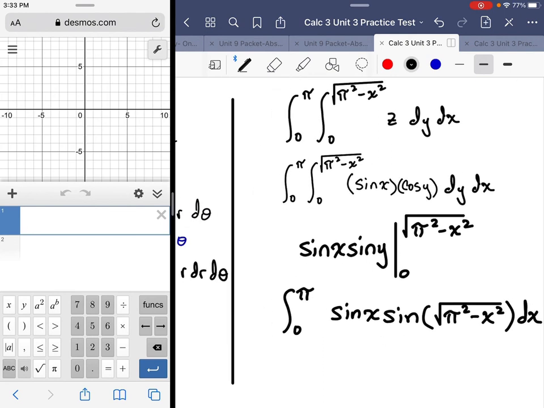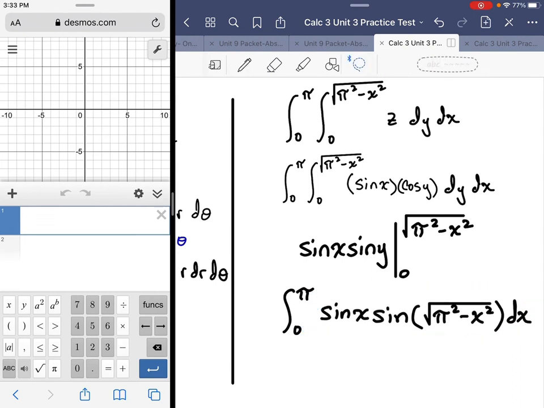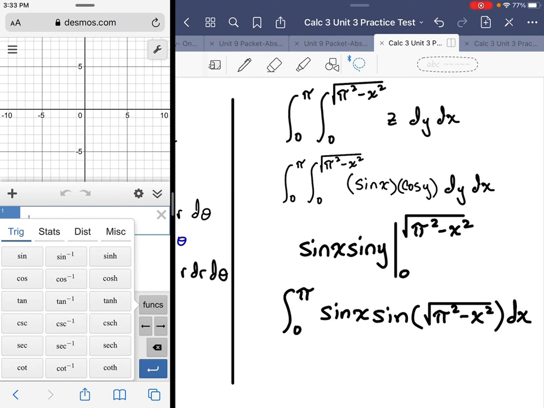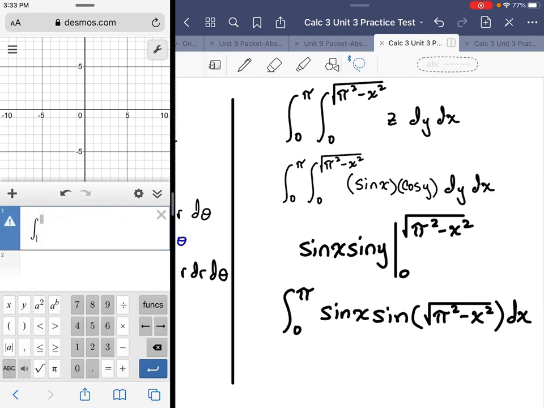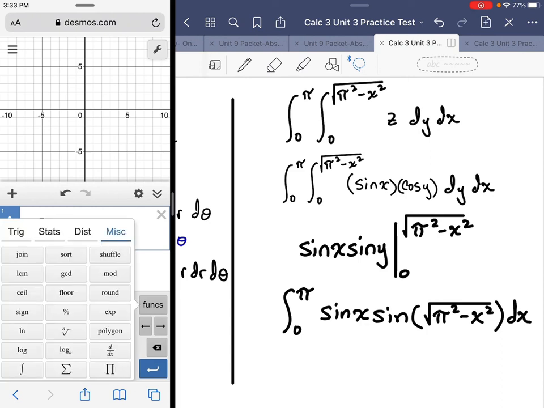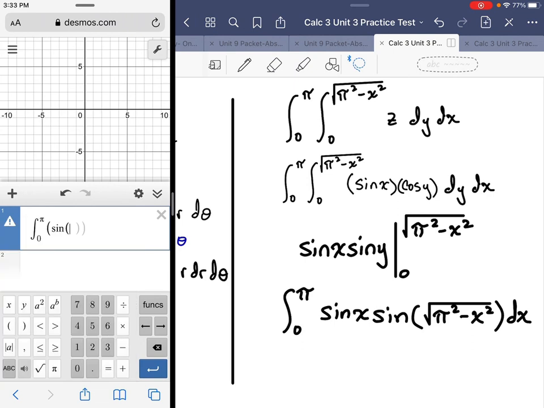which we could do on the calculator. You know, Desmosify this bad boy. So 0 to pi, sine x. I had stats for some reason.